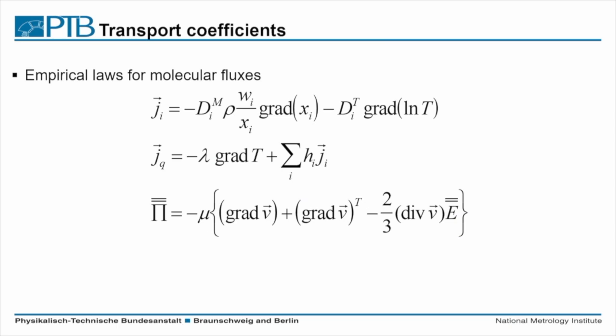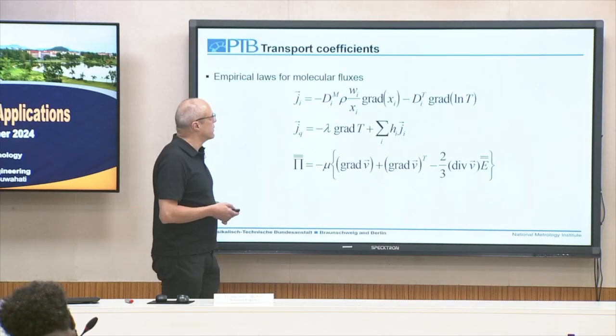Then we need to know some empirical laws to describe the transport coefficients. So we need to know the diffusion flux. We need to know the heat flux. And here we have the viscous part of the pressure tensor. I will explain it later with some general equations where we use it.